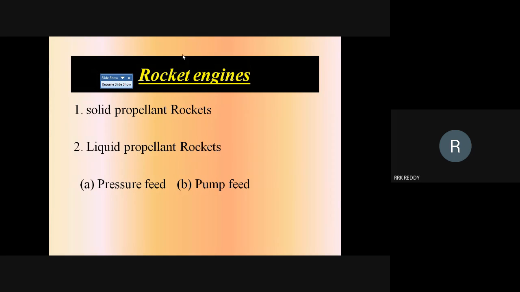The oxidizer and the fuel put together is called propellant. If both oxidizer and fuel are in solid form, those rocket engines are called solid propellant rocket engines. If both are in liquid form, they are called liquid propellant rocket engines. These liquid propellant rocket engines are again classified as pressure feed rockets and pump feed rockets.